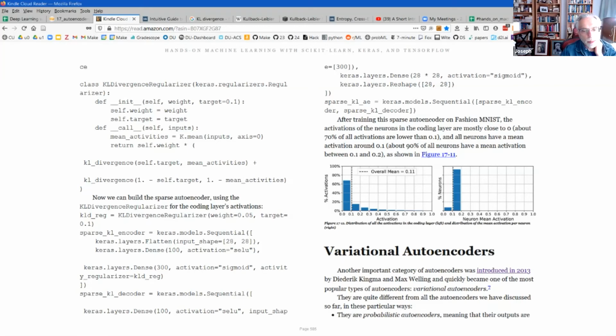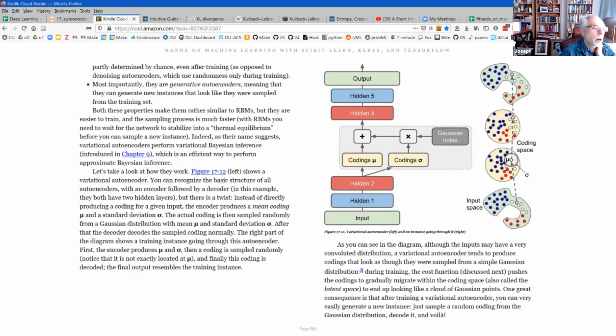One is that it's probabilistic, which means its outputs are partly determined by chance. We've seen that already in the denoising autoencoder, but in this case it's true even after training. In the prediction phase, the outputs are still partially determined by chance.